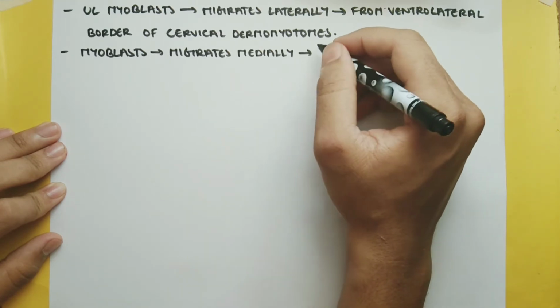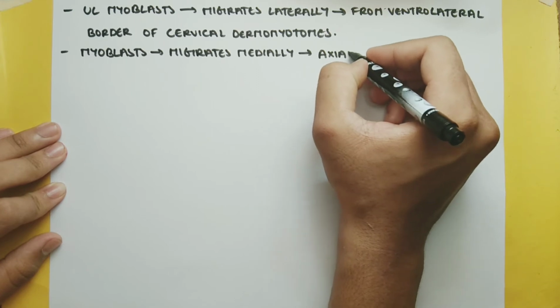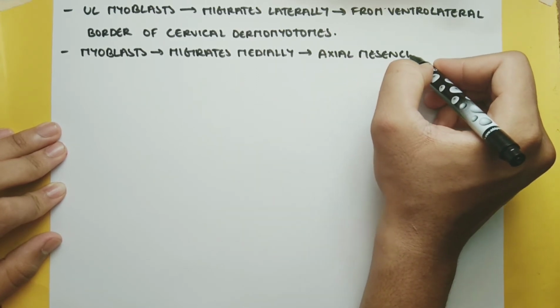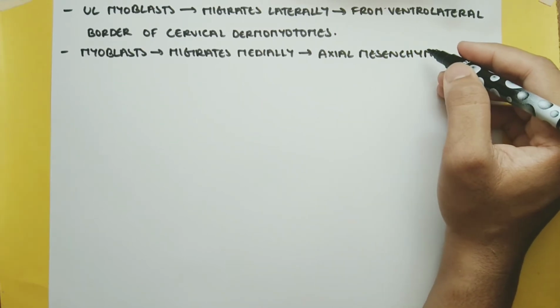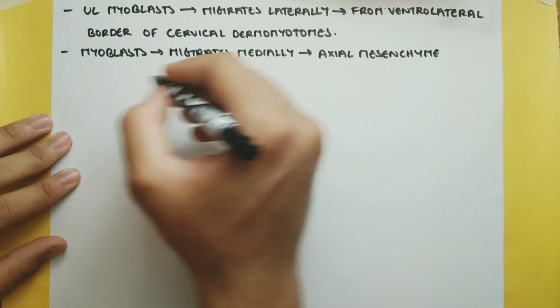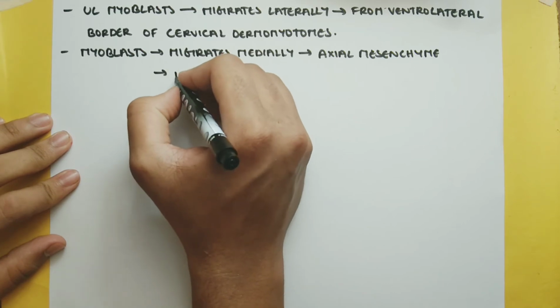They migrate medially out of the limb bud into the axial mesenchyme to form pectoral muscles ventrally.